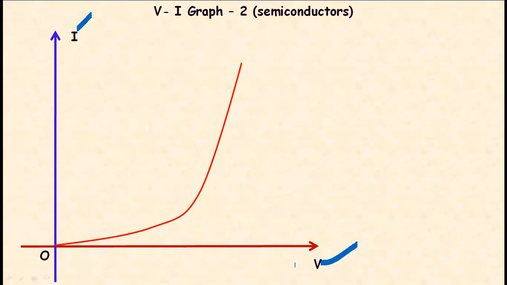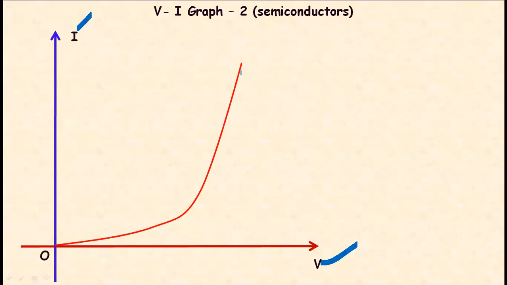If I double the voltage, the current will not be doubled, because there is no proportionate change between I and V. When I double the voltage, the current may increase by 3 times, or even 5 times, or even 7 times. So on changing the voltage, the variation of I will not be proportionate, but abrupt.